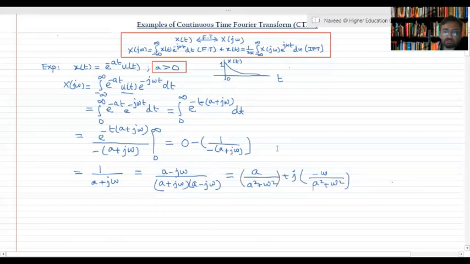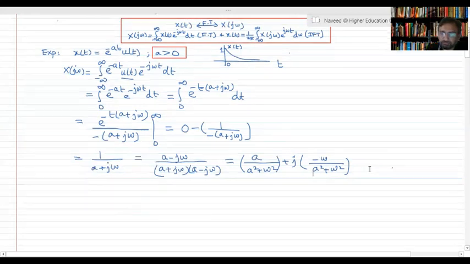Because the Fourier transform of x(t) turned out to be a complex function in the frequency variable omega, we converted it into its Cartesian form. It has a real part, which is a divided by a square plus omega square, and it has an imaginary part, which is minus omega divided by a square plus omega square.